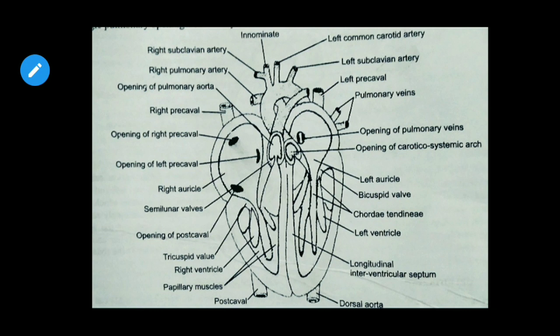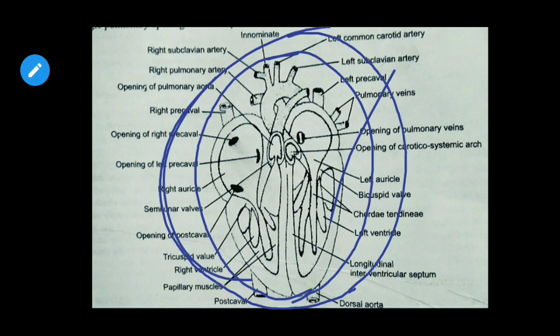This heart is covered by a double layer sac that is called pericardium. In between the two layers, an empty cavity is present that is called pericardial cavity.